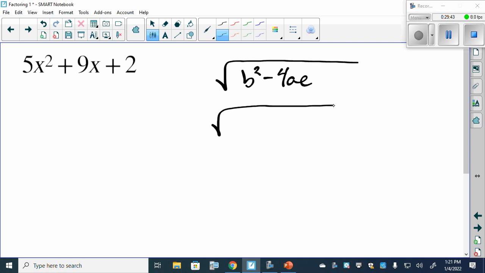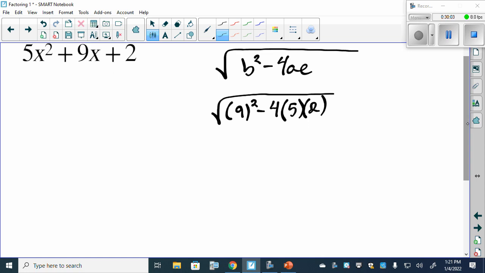Well, let's try this on this one here. Just the b squared minus 4ac to see if this one would work at all. Well, the value of b in this case would be 9. A is 5, and C is 2. So we're doing this here just to see if it'll factor.